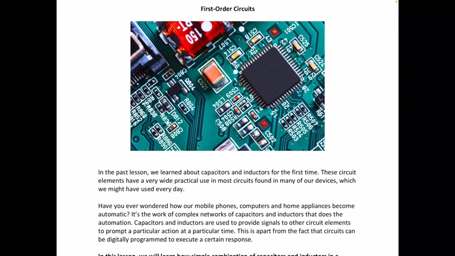So have you ever wondered how our mobile phones, computers, and home appliances become automatic? It is because of these capacitors and inductors, storage devices.